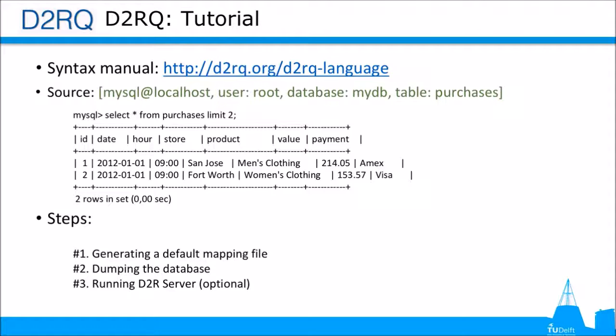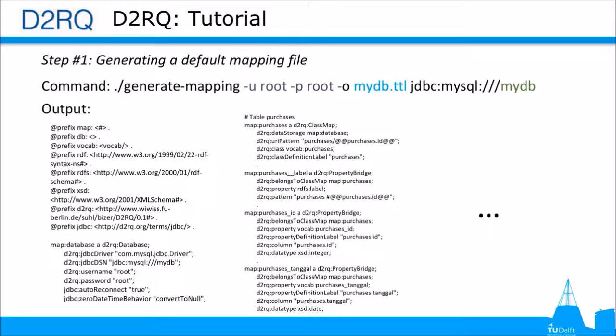For example, the purchase data from the previous example is stored in a MySQL database. We need at least two steps to convert the data to RDF. First, generating a default mapping file. Second, dumping the database. Last, you can optionally run the D2R server. We will explain that later in the next slide. The first step is to generate a default mapping file.